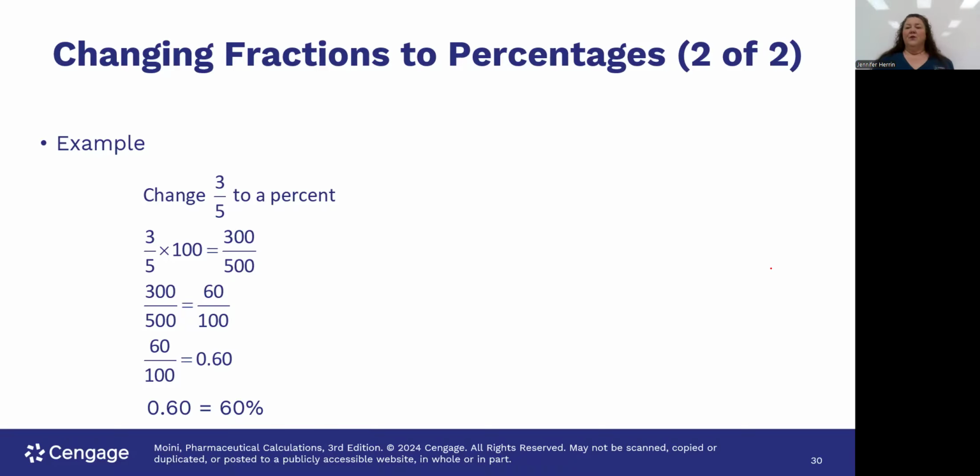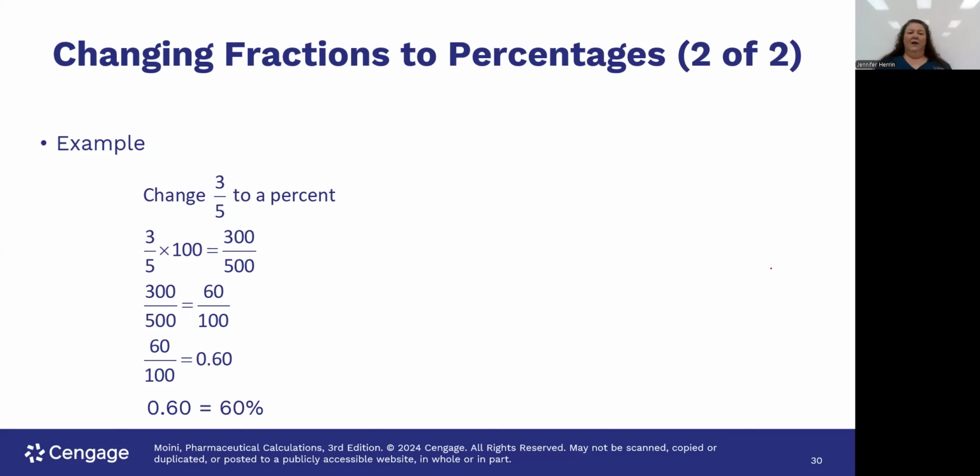Some of you might be using your telephone for these calculations. Some of the phones I have noticed when you plug these numbers in, you may have to hit the equal sign in between your division and your multiplication. So if your phone does not readily give you 60, when you type in 3, hit the divide key, 5, hit the multiply key, type in 100 and hit equals, it should give you 60.